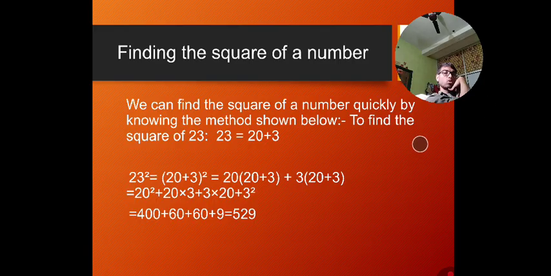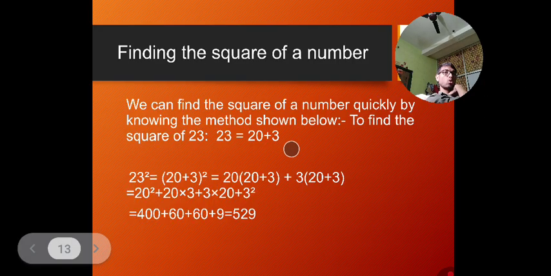Finding the square of a number. We can find the square of a number quickly by knowing the method shown below. To find the square of 23, 23 can be written as 20 plus 3. 23 raised to power 2 would be what? (20 plus 3) squared.